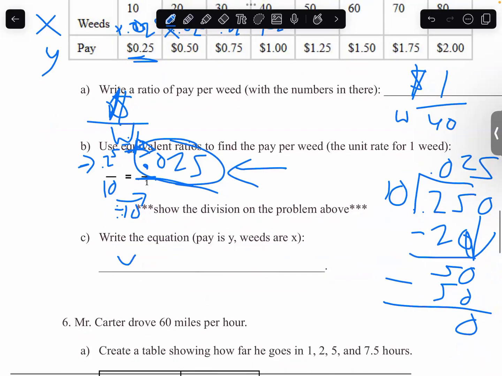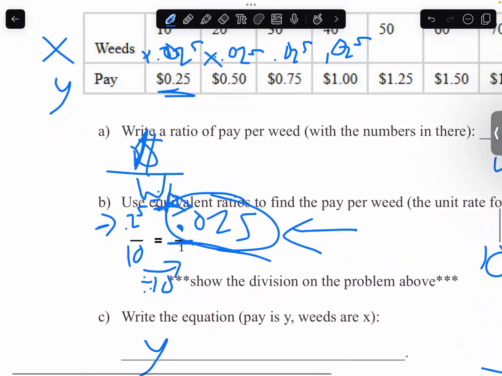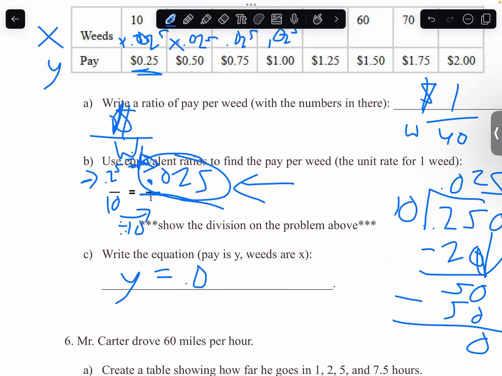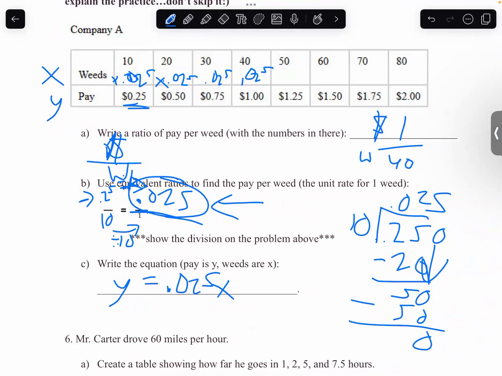So that means that the equation is y, the dollars earned, is equal to 0.025 cents per weed times the number of weeds. Okay, so notice here, X is the number of weeds. So 0.025 cents per weed, right, times the number of weeds tells you how much was earned pulling weeds.